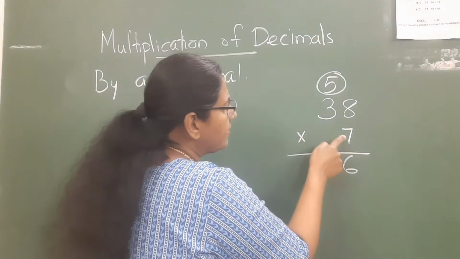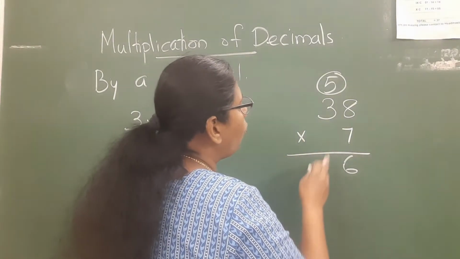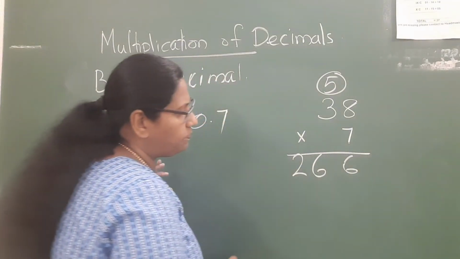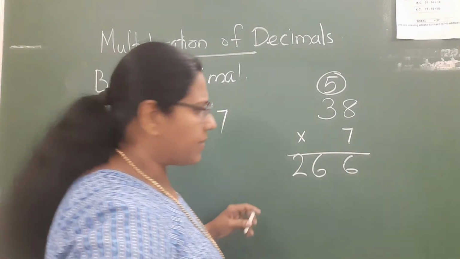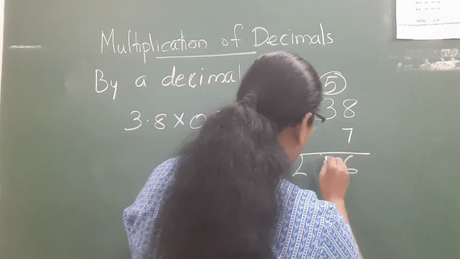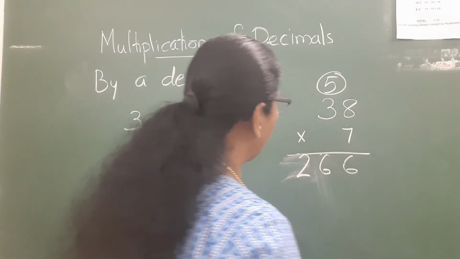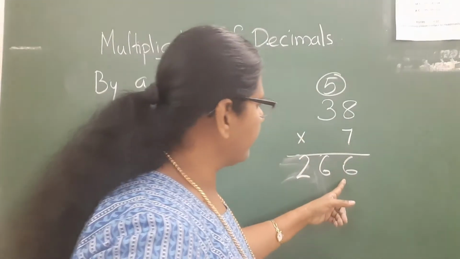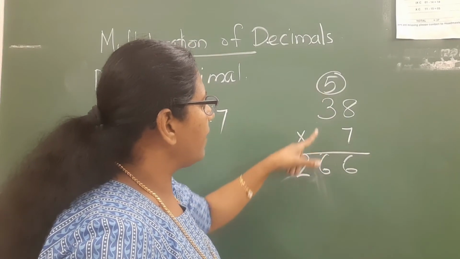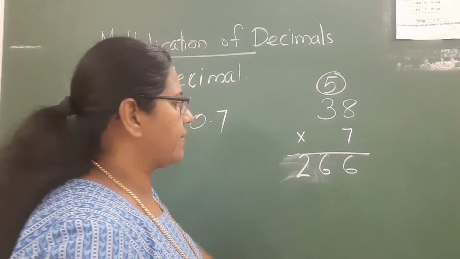Then next 7 3s. 7 3s are 21 plus 5, 26. So we got the product now, 266.